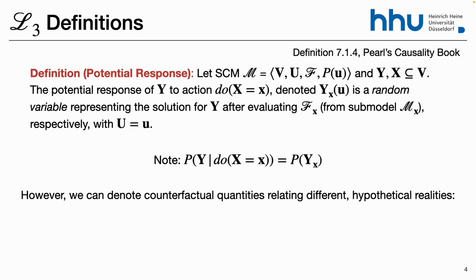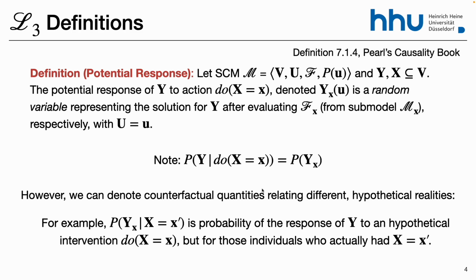However, we can denote counterfactual quantities relating other realities. So for example, I can write this, right? The probability of Y_x given that I have observed that X is x prime. So you can ask different things. This quantity would be the probability of Y under an intervention do(X = x), but only for those individuals who actually had X equals x prime.